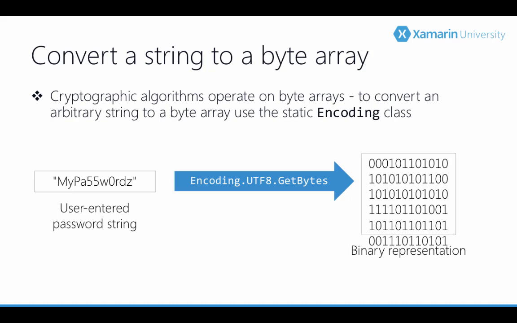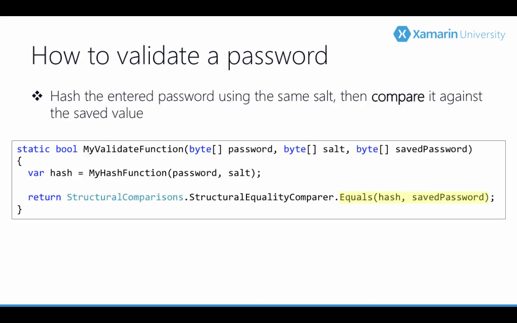When working with a plain text password, we need to first convert the password string to a byte array, and this can be done using the static Encoding class. The encoding scheme makes very little difference as long as it's consistently applied, and the labs are using UTF-8.